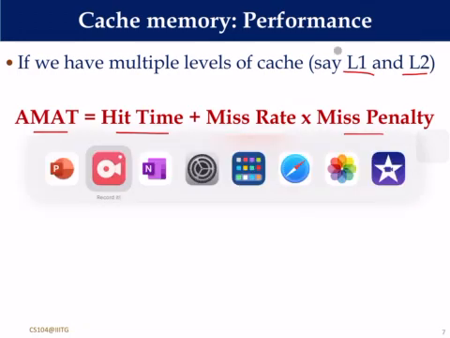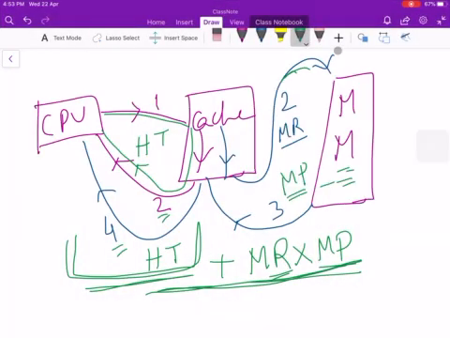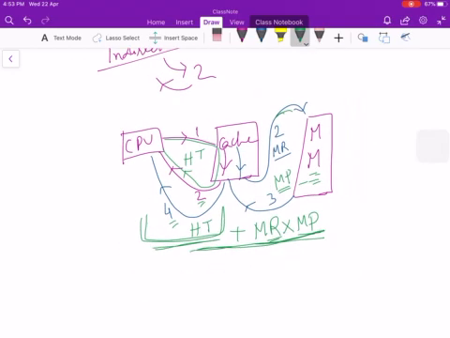Now we don't have main memory over here. We have another level of cache over here.